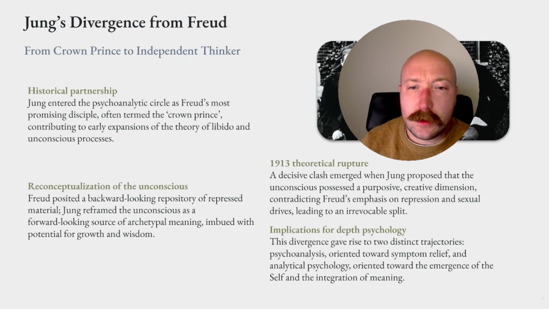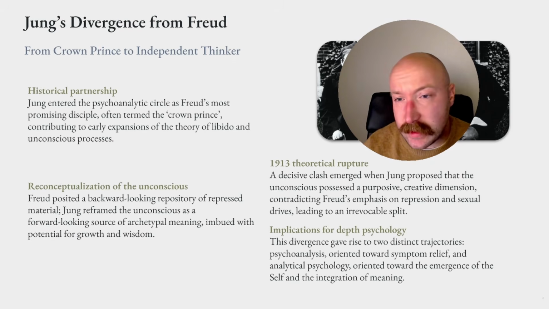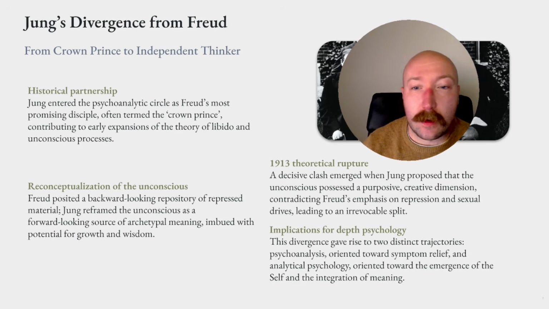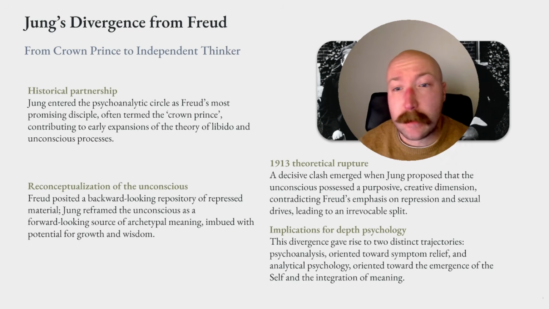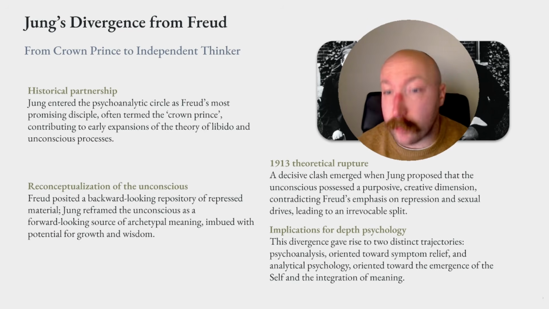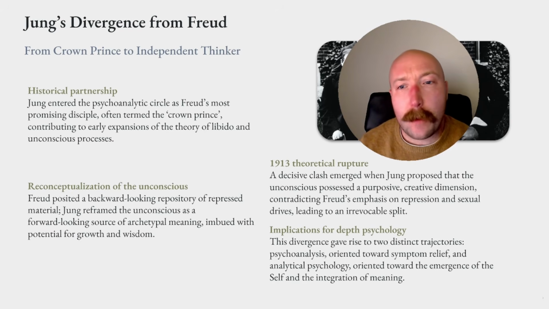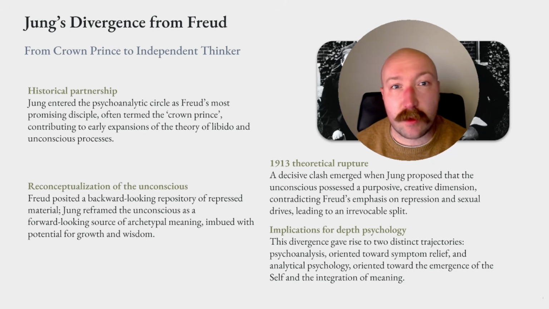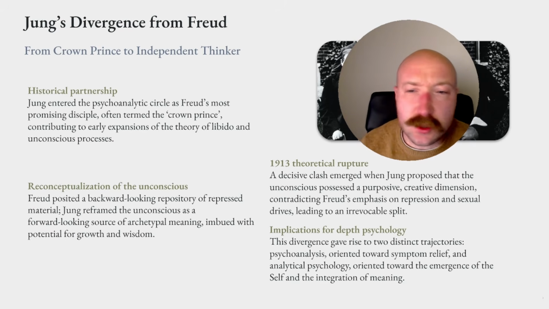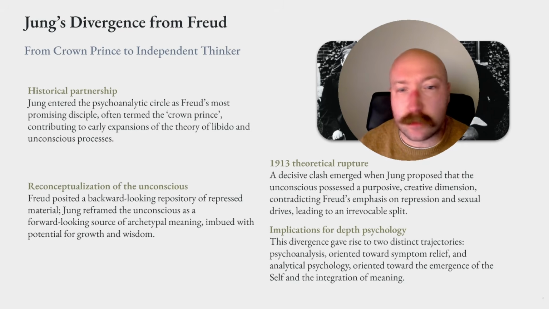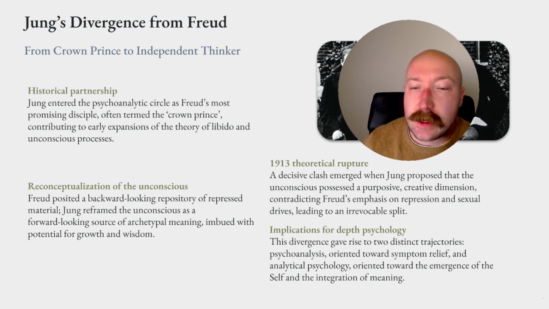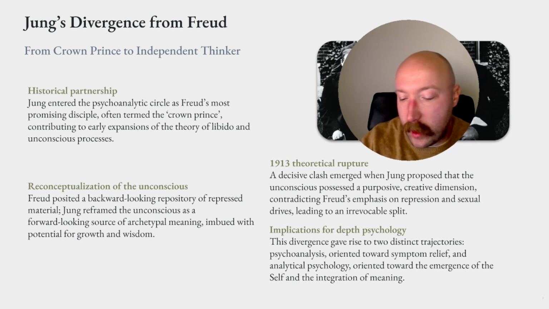Now, Jung finds this vision basically too narrow, too reductive, and ultimately too pessimistic. Yes, he agrees that the unconscious contains repressed personal material. But for Jung, that's not all it contains, not even close, as we'll see throughout the whole course. For Jung, the unconscious wasn't just a garbage dump to be worked out, to be rationalized, to be drawn back into the middle point, the equilibrium between id and superego.